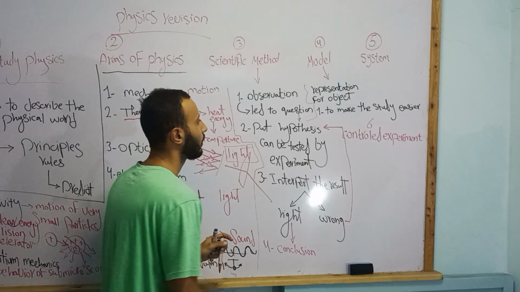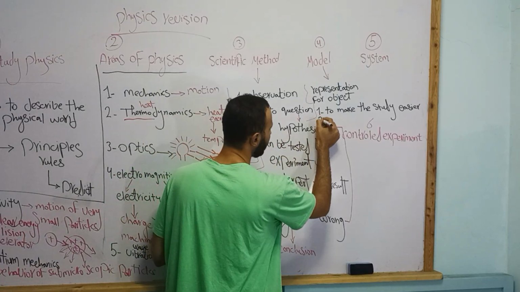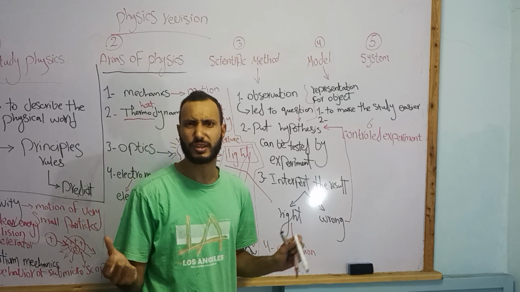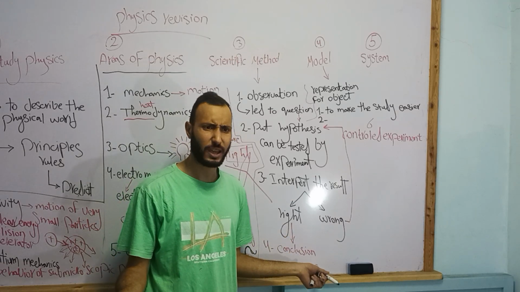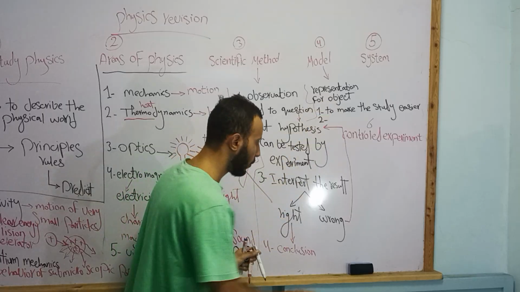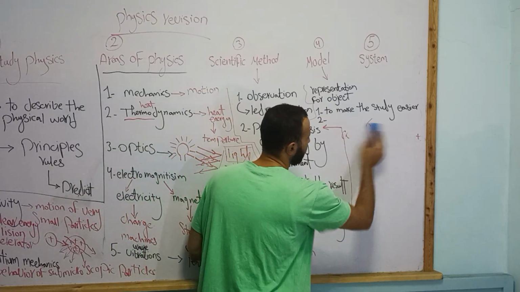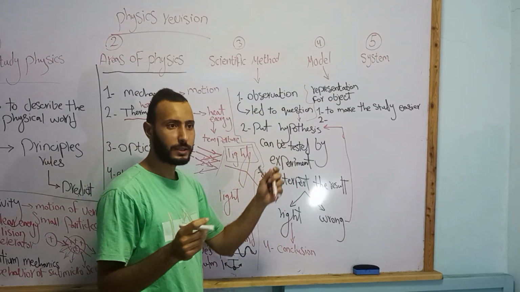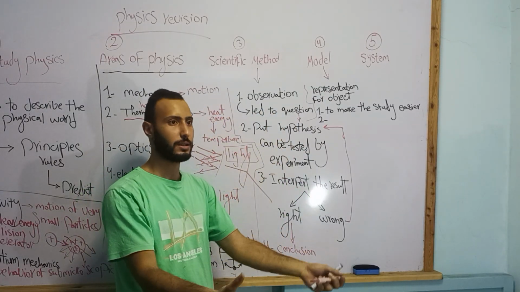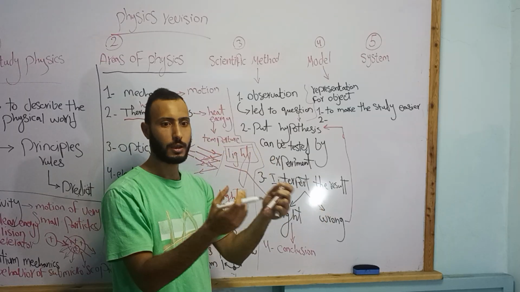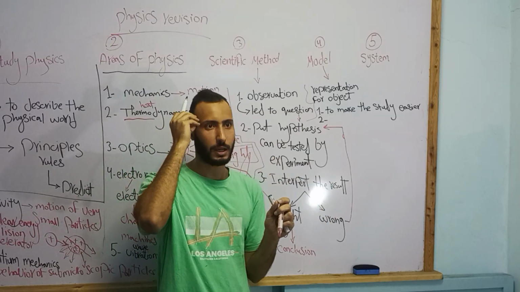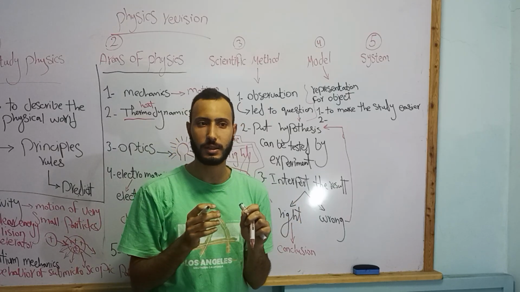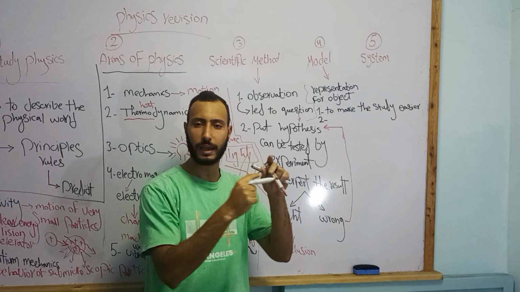Okay? So let's get to number 2. By this model, you can get a hypothesis. How can I get a hypothesis by a model? Because if you have a model in front of your eyes, you may get a reason for something in your mind, or you can find a reason why this planet is revolving like this.